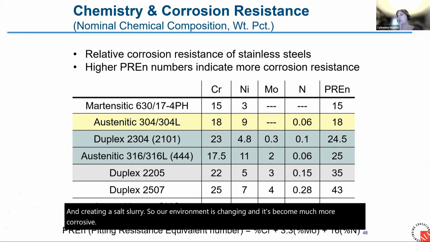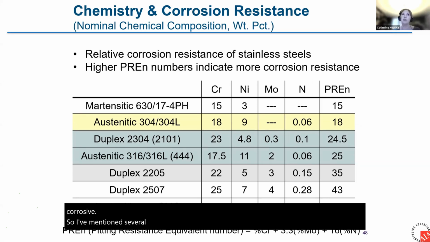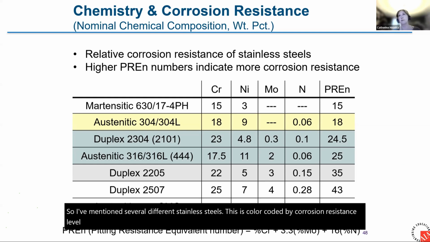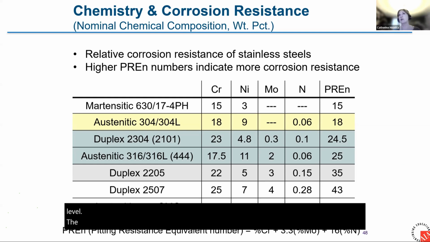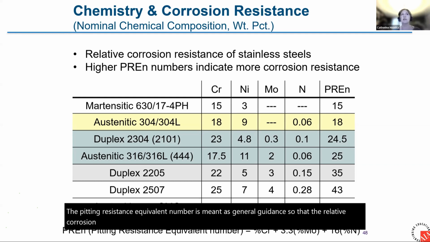So I've mentioned several different stainless steels. This is color coded by corrosion resistance level. The pitting resistance equivalent number is meant as general guidance so that you know the relative corrosion resistance of different stainless steels.